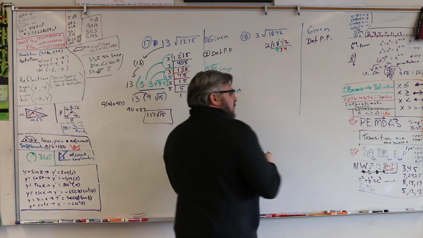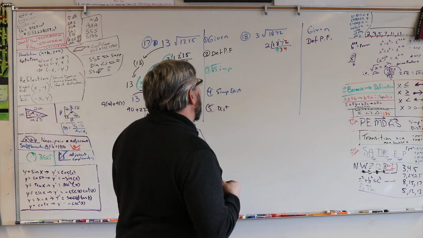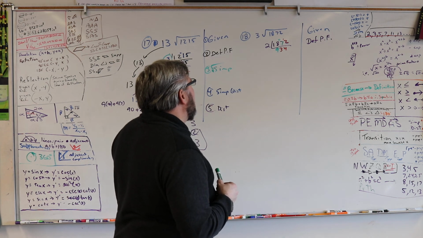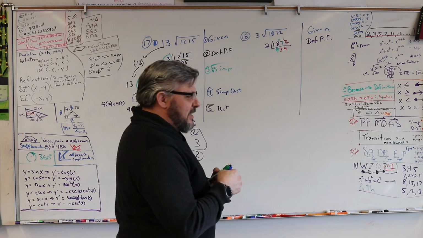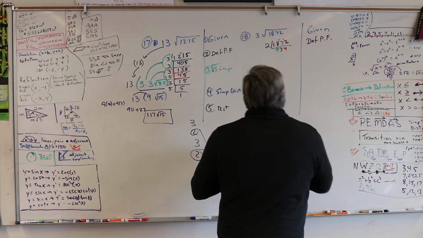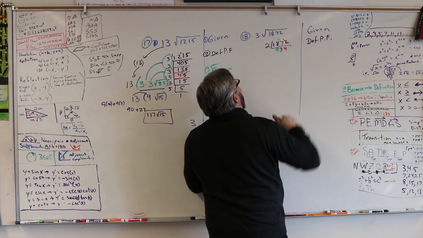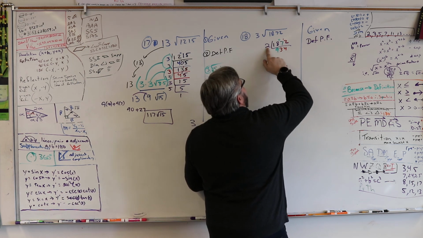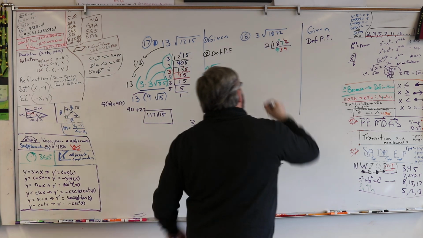Wait. Aren't you doing 2 goes into 12? 2 goes in 12. Holy cats, yeah. Ooh, thank you. We almost messed up, huh? So, did I say 3? Yeah. My bad. Ooh, that's confusing, huh?